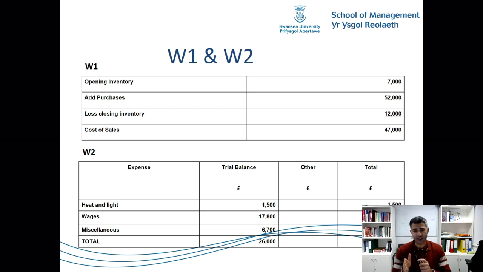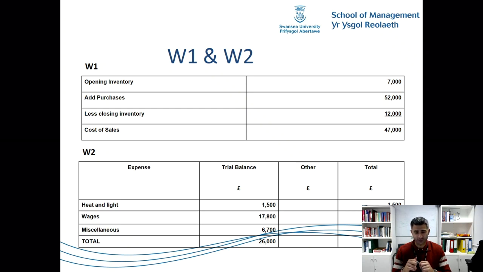You list them under trial balance, as you see, because these numbers come from a trial balance, and you add them up, and this is 26,000 pounds. You'll ask me, how about the other column? Just leave it, we'll explain it next time. So total expenses, 26,000 pounds.